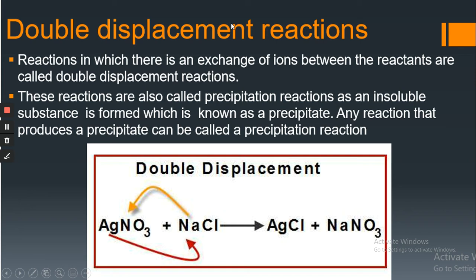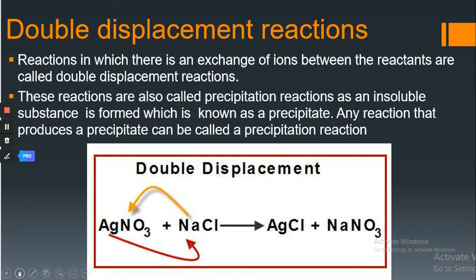Now, double displacement reaction. What is this double displacement reaction? A reaction in which there is an exchange of ions between the reactants is called a double displacement reaction. These reactions are also called precipitation reactions, as an insoluble substance is formed which is known as a precipitate.